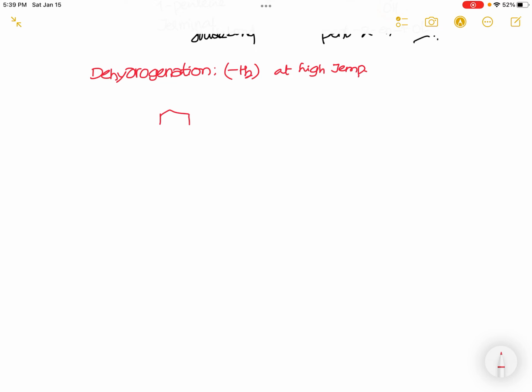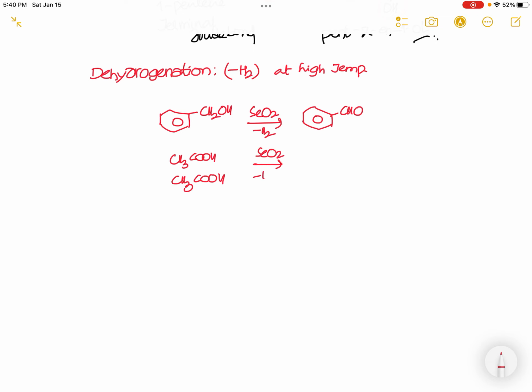See, if we are having a phenyl group and CH2OH, benzyl alcohol, with selenium dioxide, you get CHO, benzaldehyde. And if you are using CH3COOH, our intention is to remove the hydrogens, minus H2.